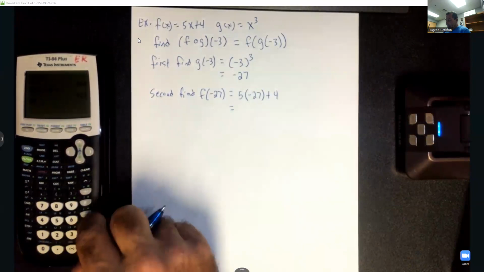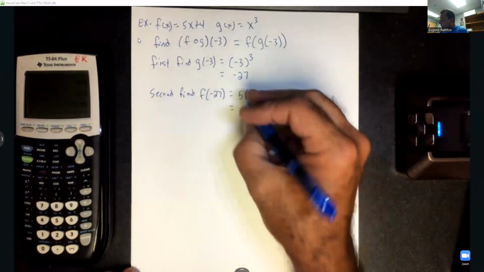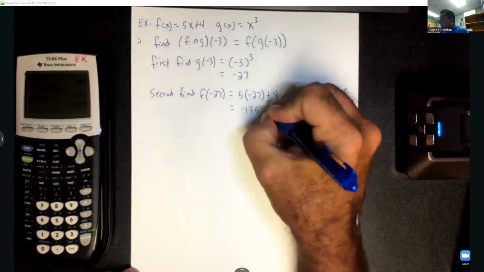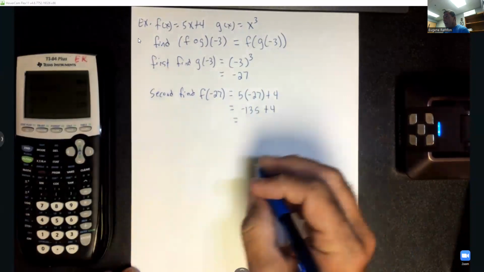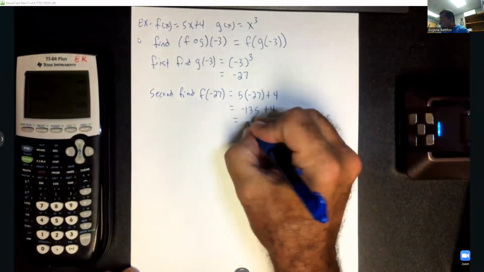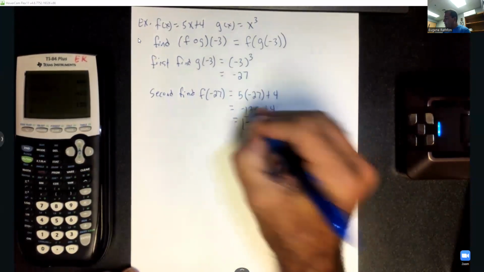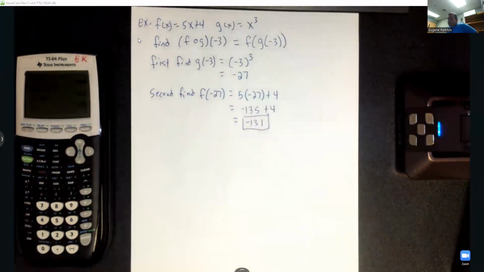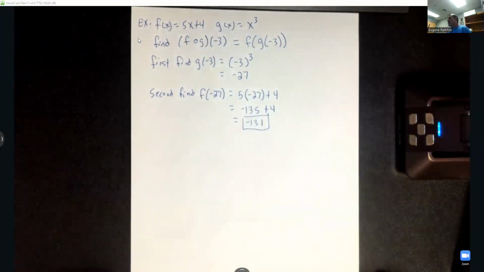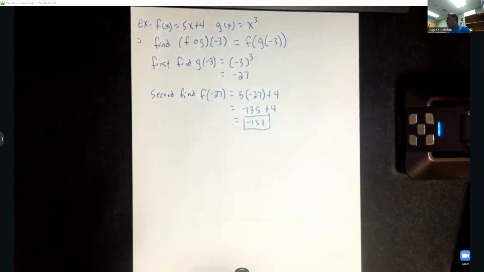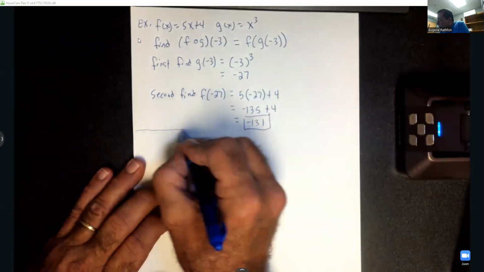Oh, so let's see, 5 times negative 27 is giving me a negative 135 plus 4. So good job, you already got it. That looks like what? Negative 131. So good job, y'all, and that is our final answer. So y'all, I'll tell you the truth. To me, these aren't too bad when they give you numbers. But now they're going to change the game.